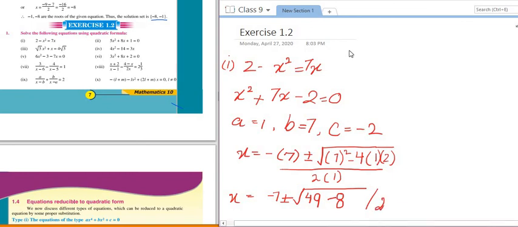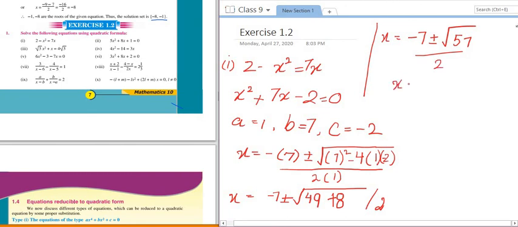Denominator is 2. This becomes x equals minus 7 plus minus square root of 49 minus 8. Here c is minus 2, so it becomes plus 8, sorry. And 49 plus 8 is 57. Clear?